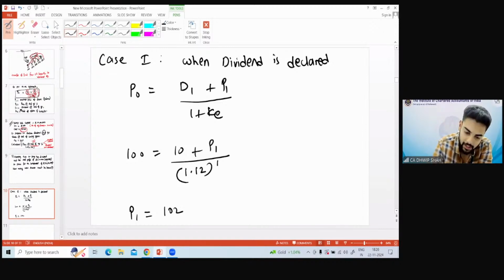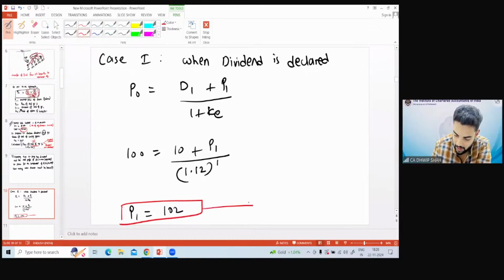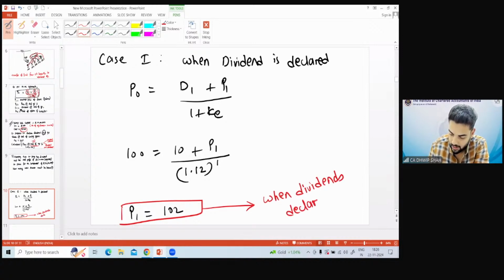Yes, dividend is paid, 102. So this is my price of the share at the end of year 1 when dividends are declared. Any confusion till here?